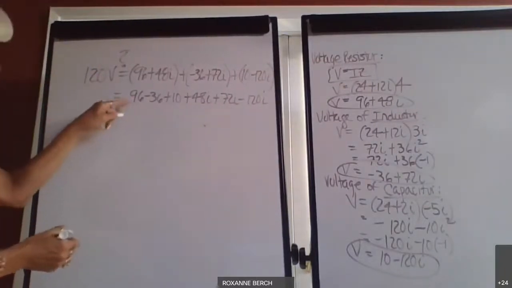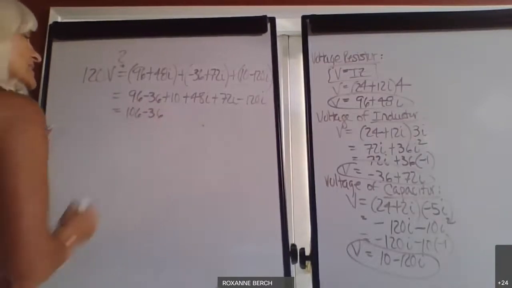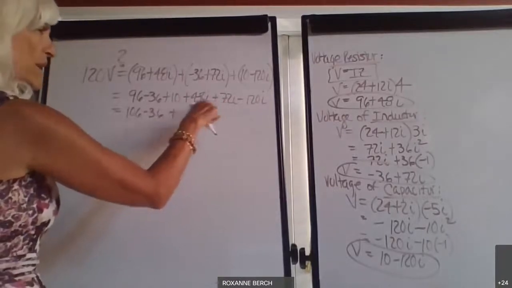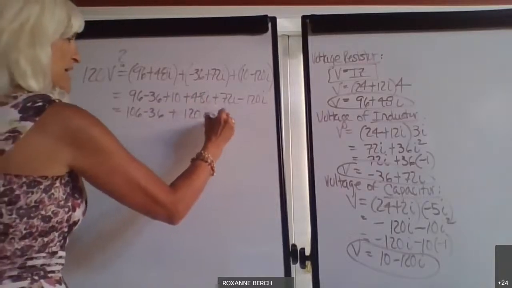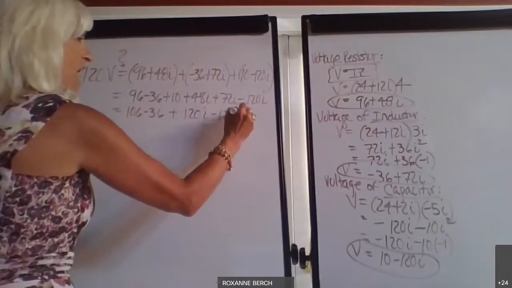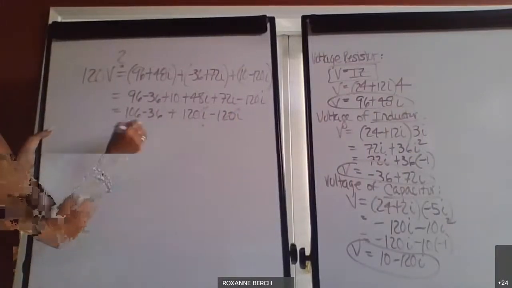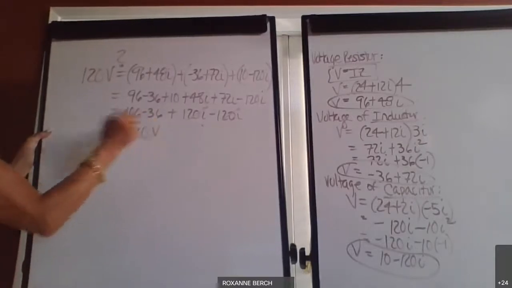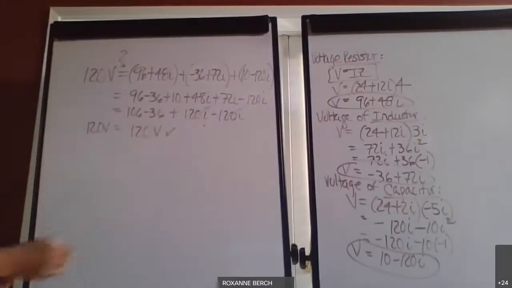So wouldn't this be 106 minus 36? And this would be 120i minus 120i, and those cancel. So will the answer be 120? So we absolutely know that we did that right.